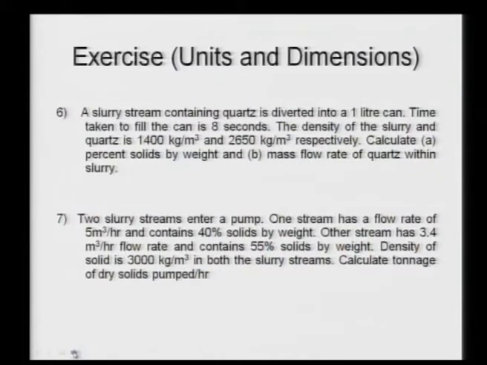The density of solid is 3000 kilogram per meter cube in both the slurry streams. Calculate the tonnage of dry solids pumped per hour. So, these are the problems that are given to you for the exercises. Now, I will discuss one by one, and where I see that I should give the solution, there I will give it, otherwise I will give the answer and proceed to the next. So, let us take the solutions of the exercise.